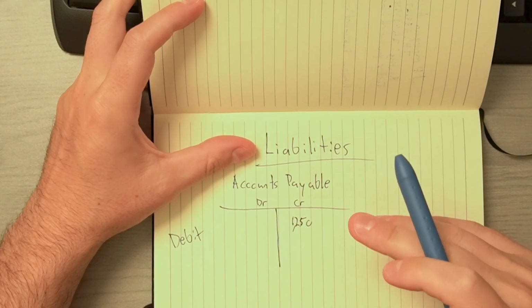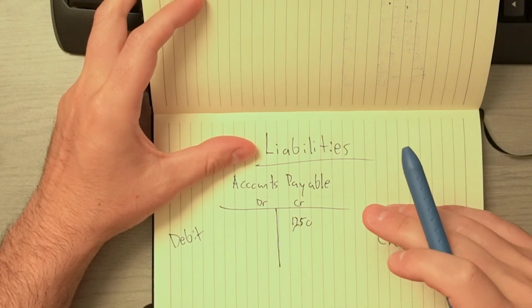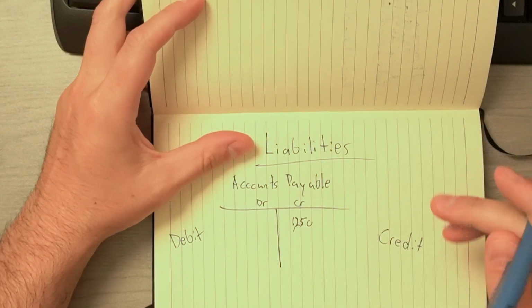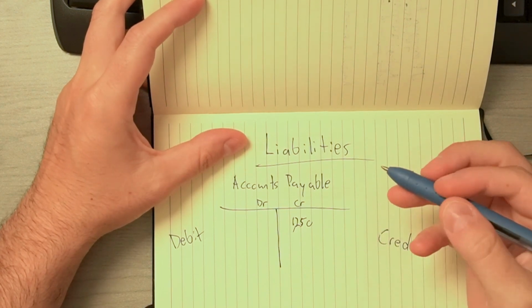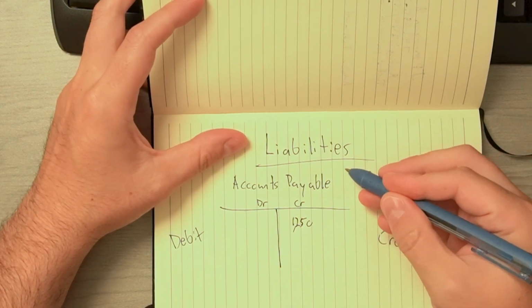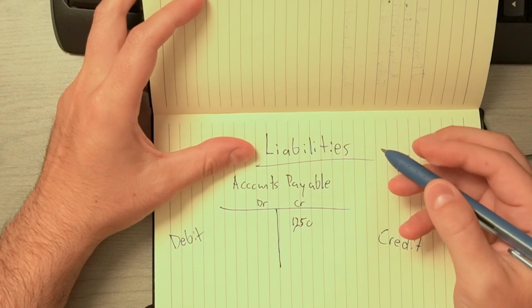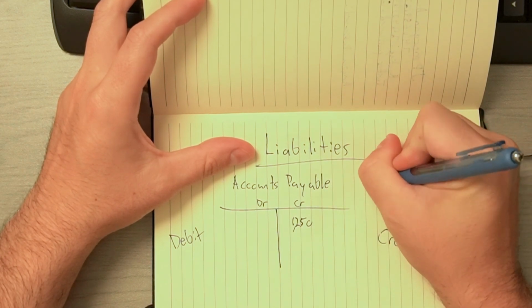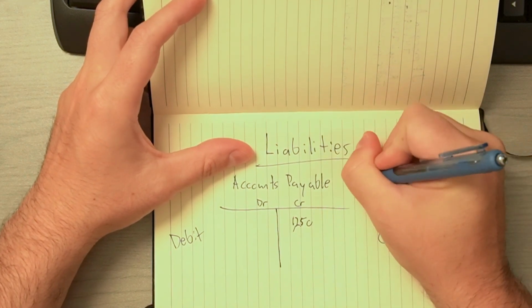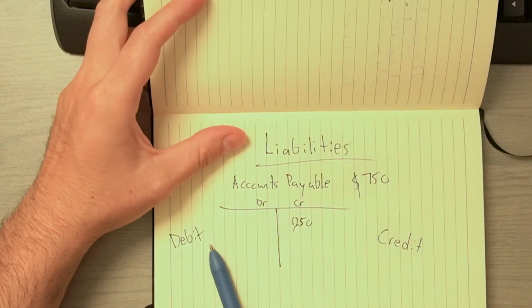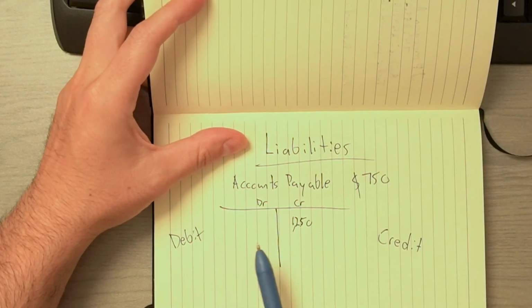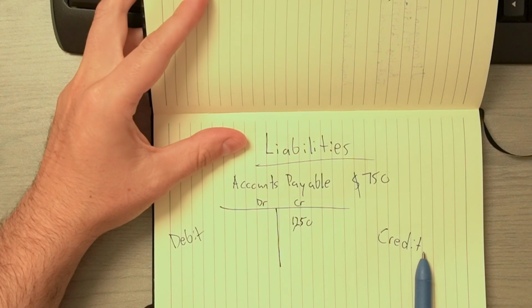It's sitting with a credit balance of $1,250. If we want to increase accounts payable, which would then increase liabilities by $750, would we debit liabilities or would we credit liabilities?